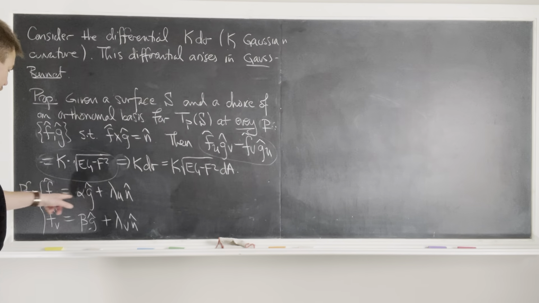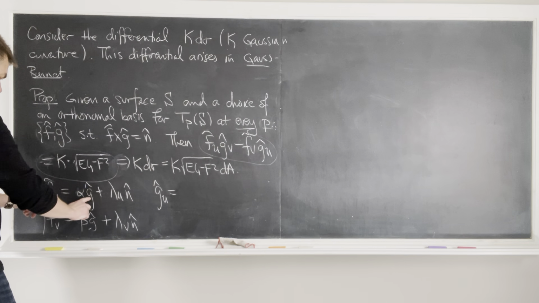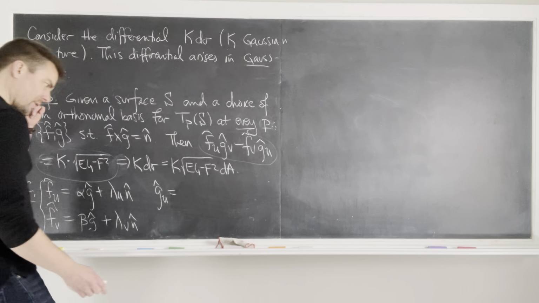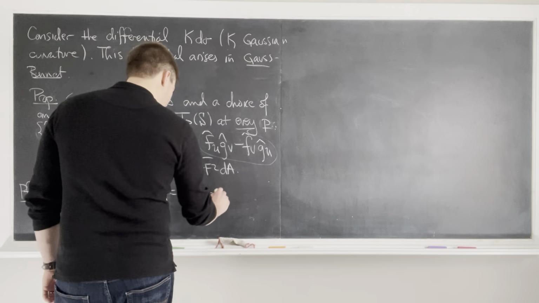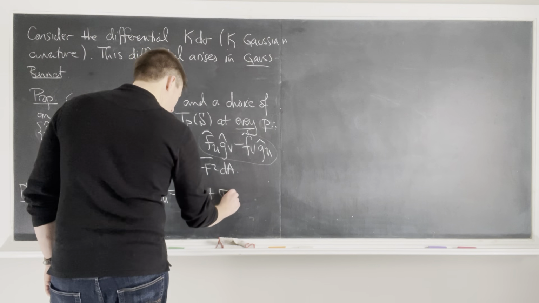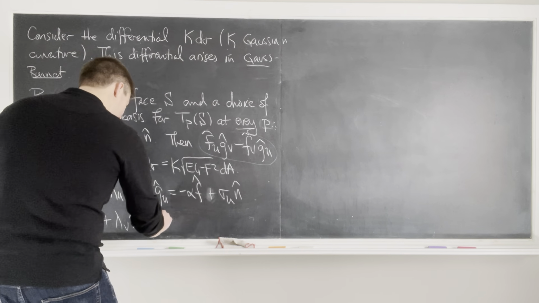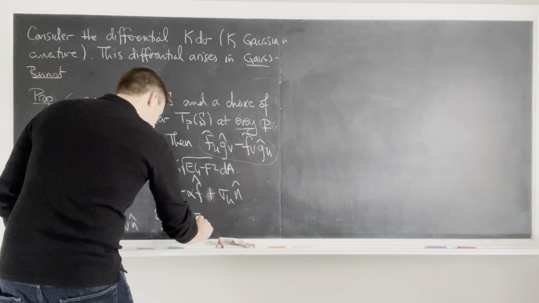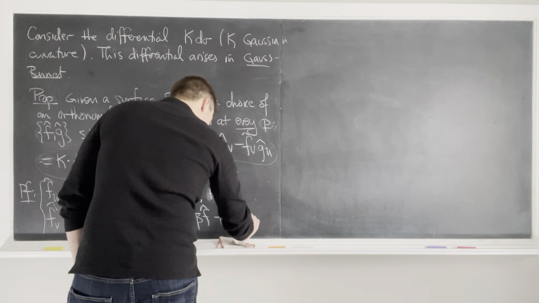And of course, since g dot f_u is equal to negative f_u dot g, I can also conclude this. I can also write that g hat_u is going to be, since if I dot product this with g, I'm going to get f_u dot g is alpha, but I know that f dot g_u is the same, so this is going to be negative alpha f hat, which just follows from the orthogonality of these two things, plus sigma_u n hat, some other coefficient, and then g hat_v is going to be negative beta f hat plus sigma_v n hat.